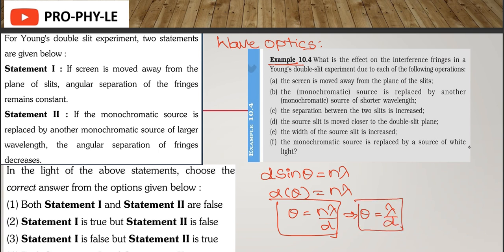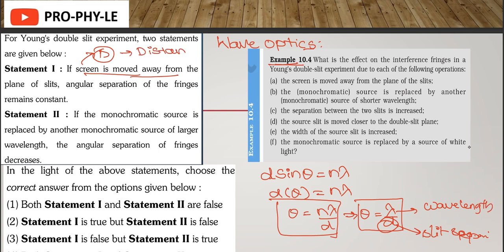So this is the formula for angular separation of fringes. If the screen is moved away, the screen to slits distance is represented with capital D, and here small d is the slit separation. The slit separation is fixed, and the wavelength is also fixed. The only parameter changing is the distance between slits and screen, which will not affect the angular separation. So statement 1 is correct.